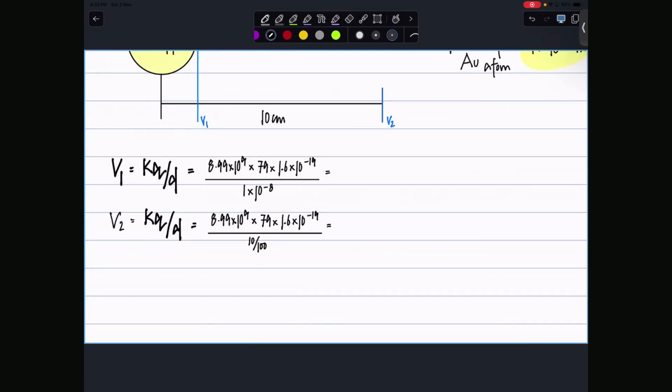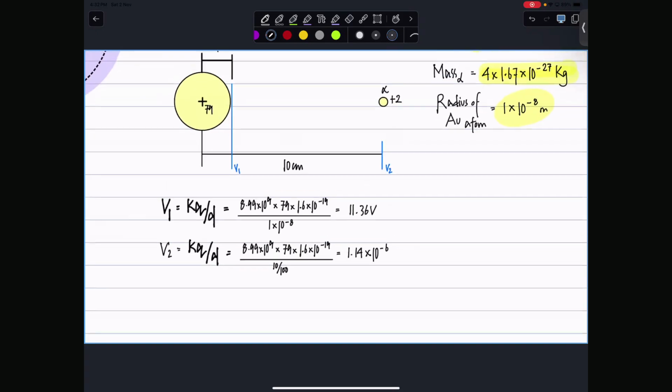Can you tell me what these values are? 3.6. Okay, and the second one? Minus 6.